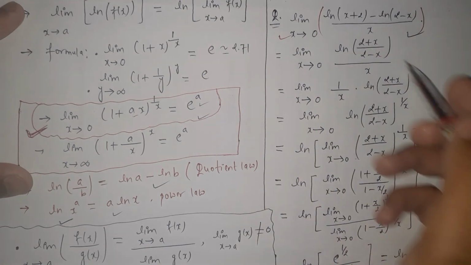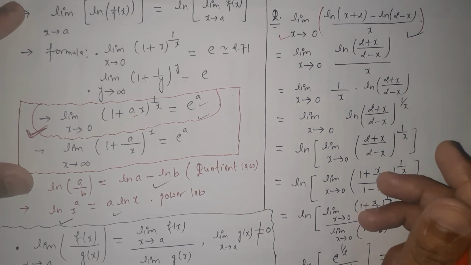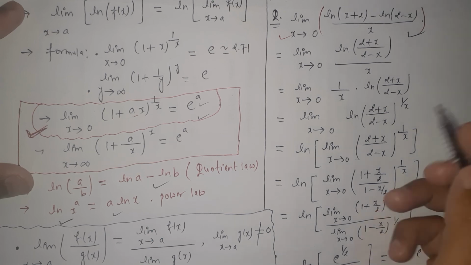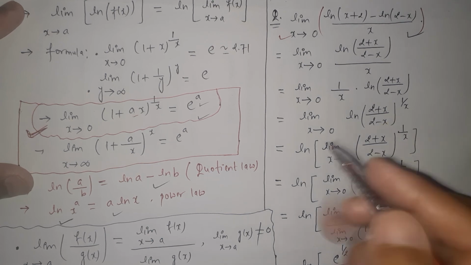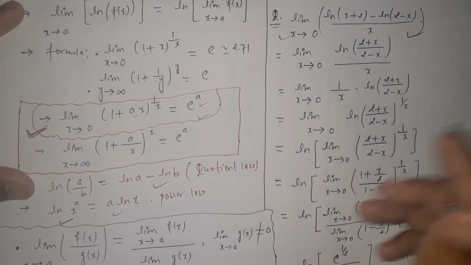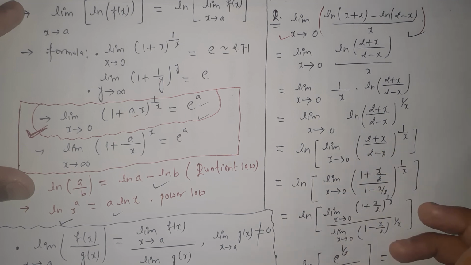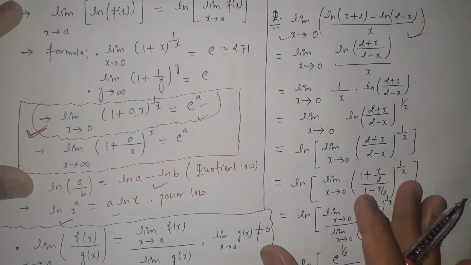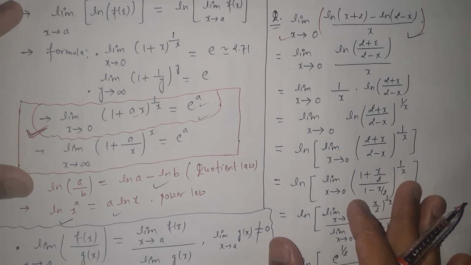Here we solve this problem without using the L'Hospital rule. If, after learning differentiation, we can use the direct method for limit calculation, that is the L'Hospital rule. The L'Hospital rule is a very short method to calculate the limit of any function, but we have to know the concept of differentiation in that method.